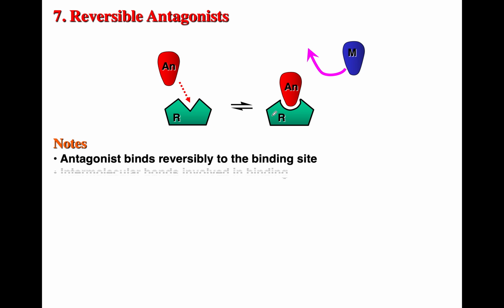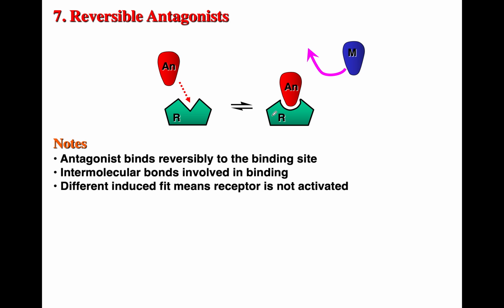So if you increase the concentration of the endogenous messenger, you may be able to remove the antagonist from the binding pocket. There are intermolecular bonds that are involved in binding. So these antagonists may or may not bind stronger to the binding site than the actual messenger.